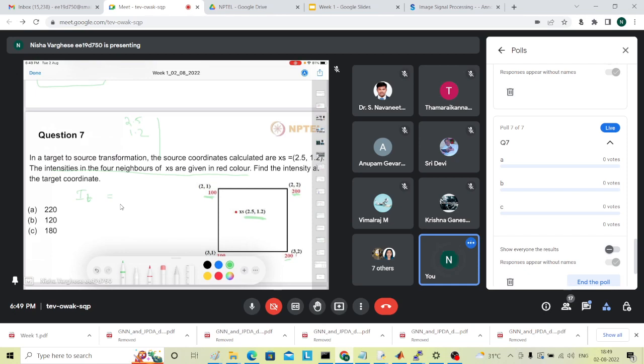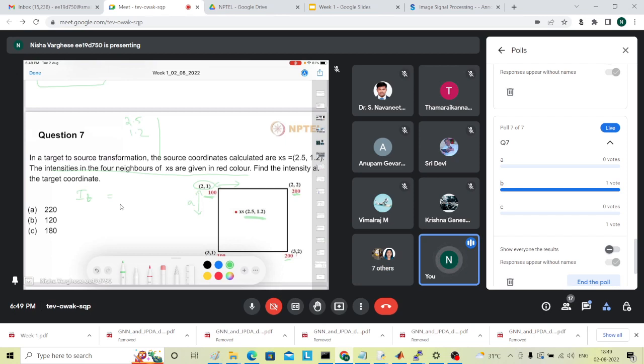So you have to first find A and B. A is the distance between the left topmost neighbor and the point, and B is the distance between 2.1 and 2.5, 1.2. I have already launched the poll. You can answer that.